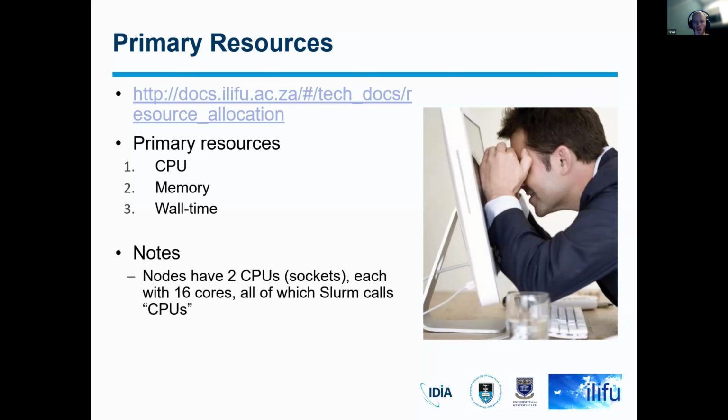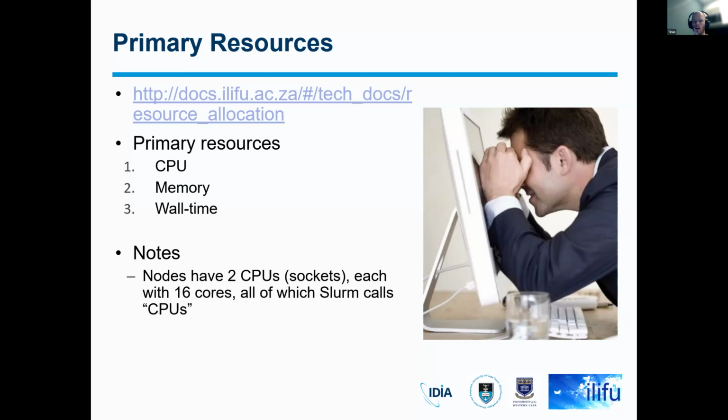I do want to make a little bit of a technical note here, that the computing nodes on ilifu have only 2 CPU sockets, and each of them has 16 cores, giving a total of 32 cores for a standard node. But in Slurm, these are referred to as CPUs as well.